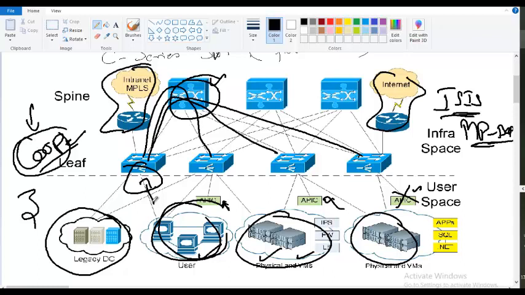We don't connect to the spine. The servers and external devices like routers and switches are all connected to the leaf. Even the APIC, the controller, connects only to the leaf, not to any spine. We saw that earlier.